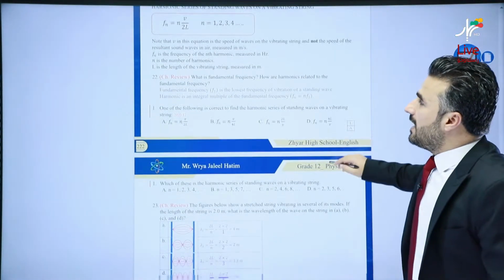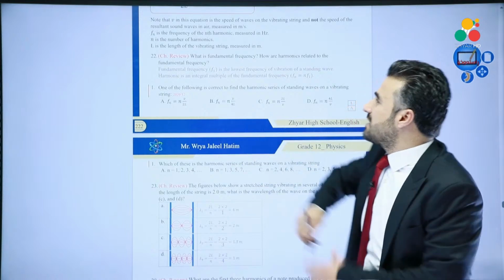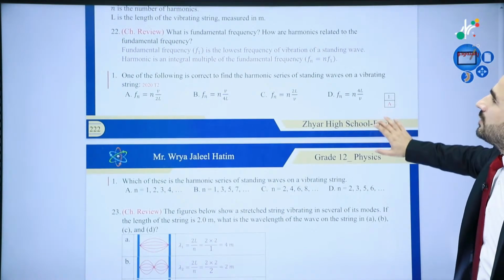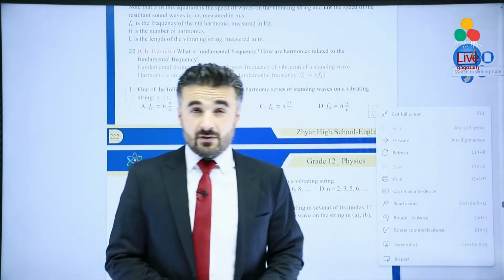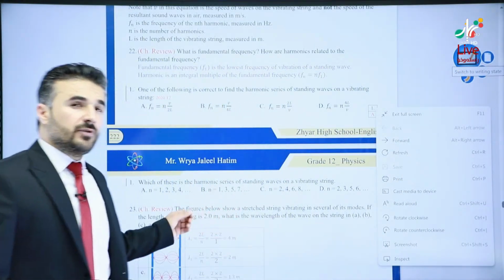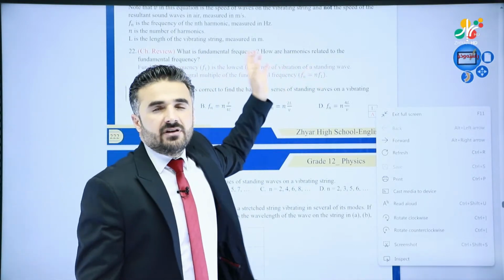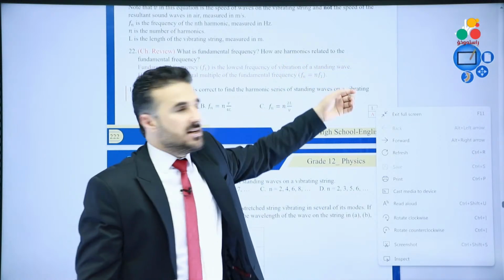All right, now this question, question 22, is where we stopped last time. It says, what is the fundamental frequency and how are harmonics related to the fundamental frequency? Do you remember the definition of fundamental frequency? Fundamental frequency, or F1, is the lowest frequency of vibration of a standing wave, for a string.